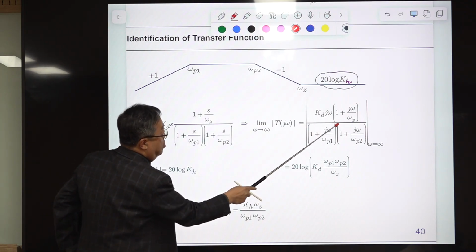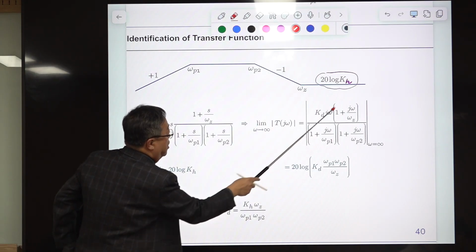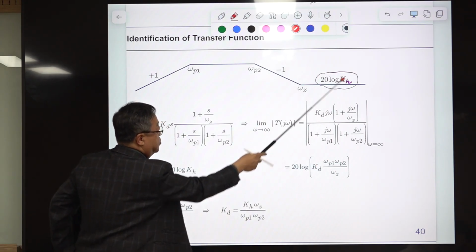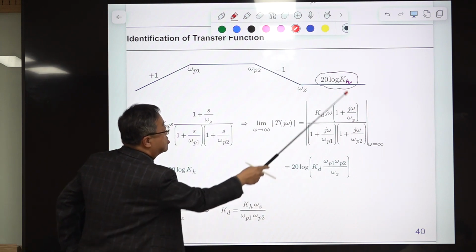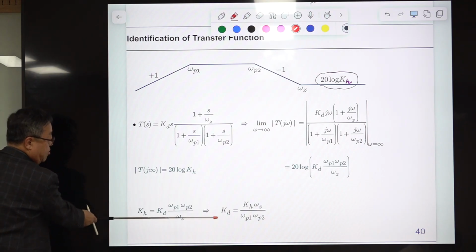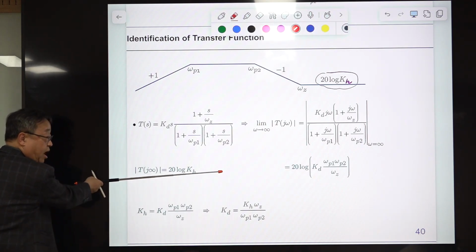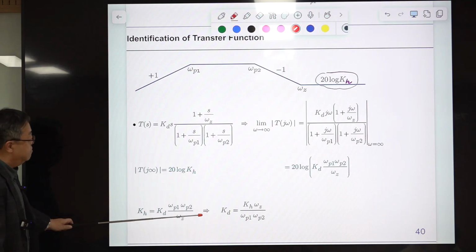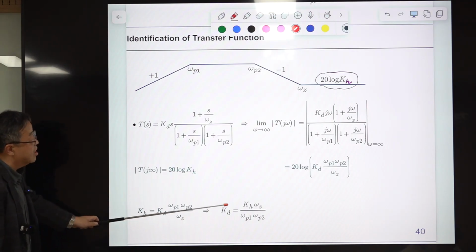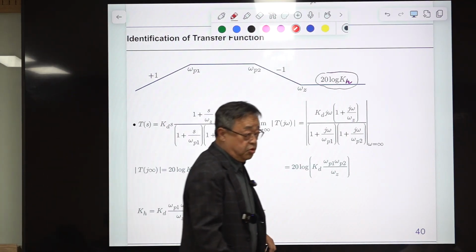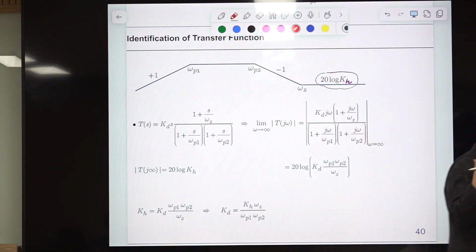Then you just take the coefficient of this j term, and this one becomes this. So this is the high frequency asymptote, and this value should be the same as KH, like this. This is the identity in log scale. This is the identity in linear scale, and KD is found. Then you have the complete expression of the transfer function from the asymptotic plot.